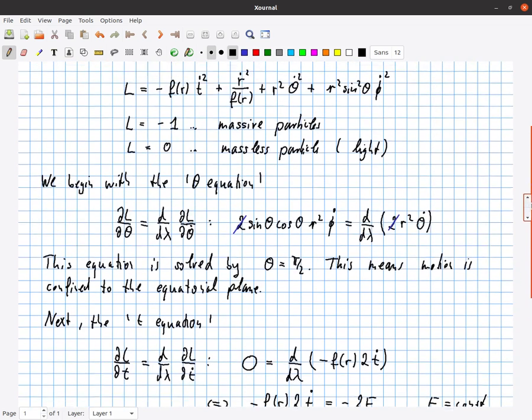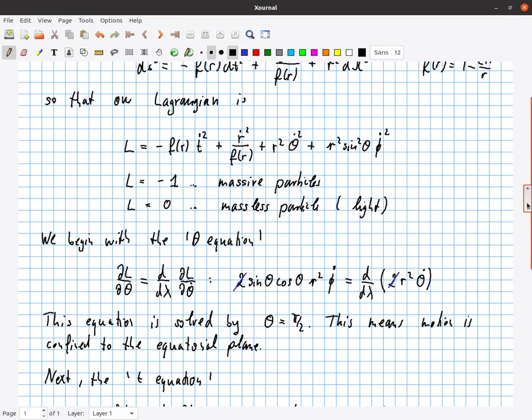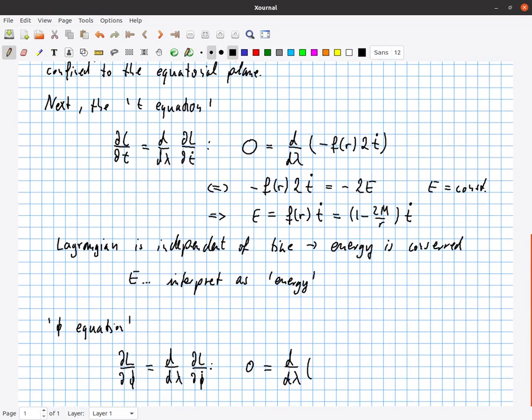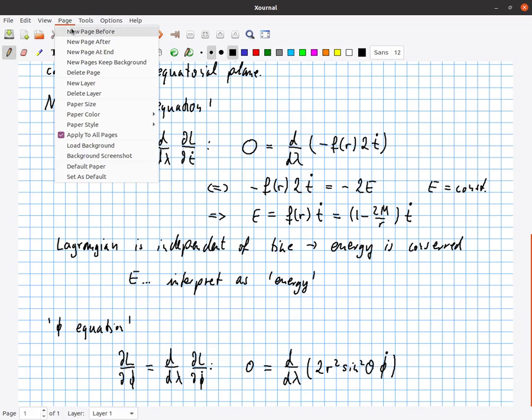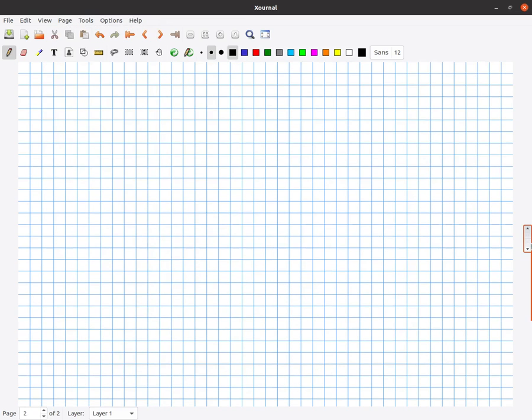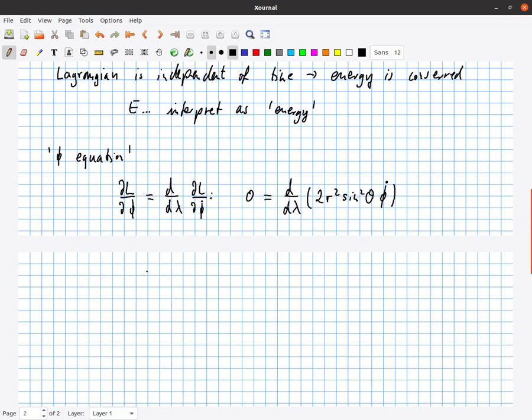And if we look into our Lagrangian, it is 2r squared sine squared theta phi dot. Where we recall that theta was pi over 2. Therefore, this object here becomes 1, which means we have d over d lambda 2r squared phi dot.